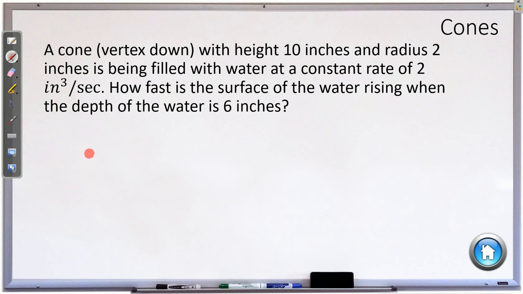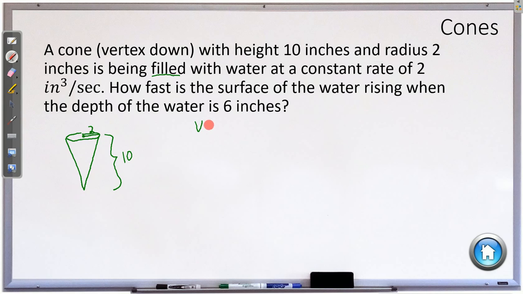All right, so it's being filled. So we have a cone. It says vertex down. That means it looks like this. All right, the height is 10 inches. And the radius at the top is 2 inches.